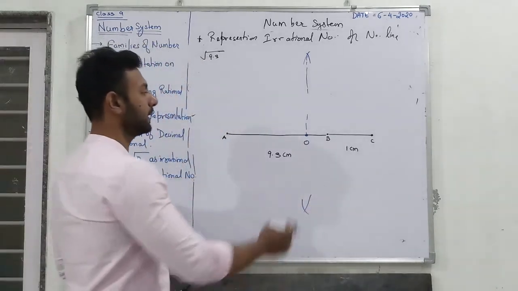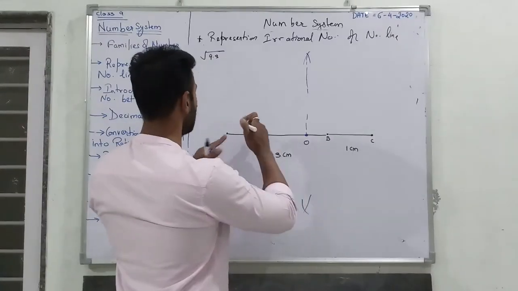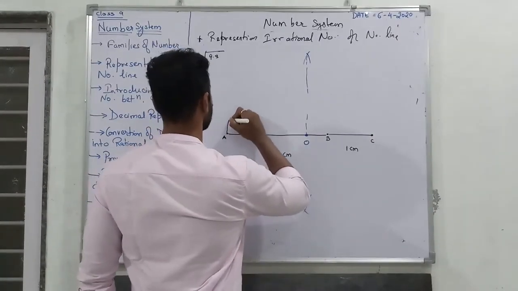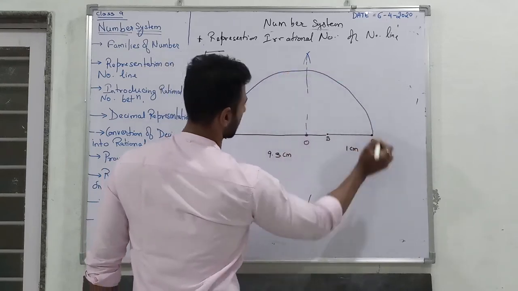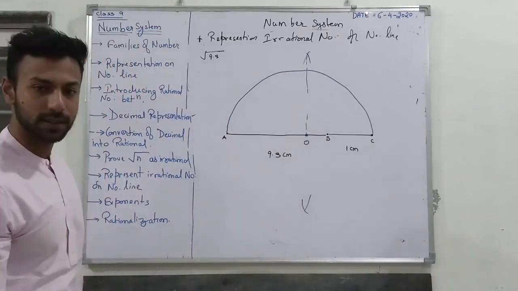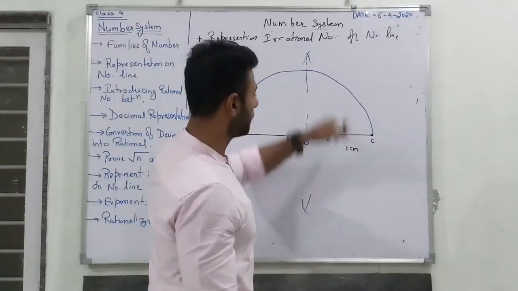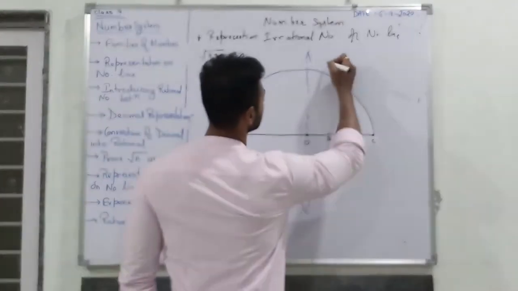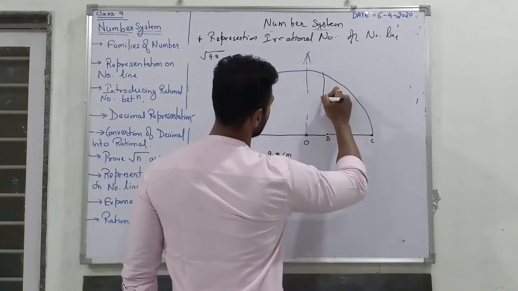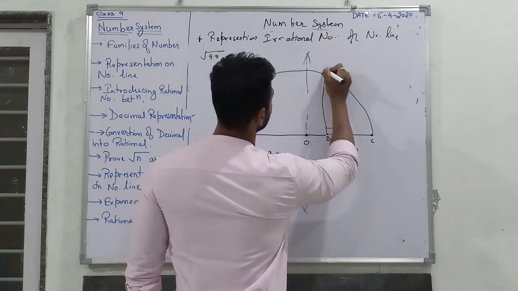Now keeping the needle over here and measuring up to A, draw a semicircle. You will get a semicircle like this. Now you have to put the scale on point B and draw one perpendicular intersecting at point D.